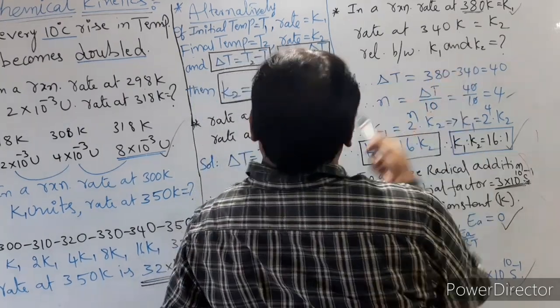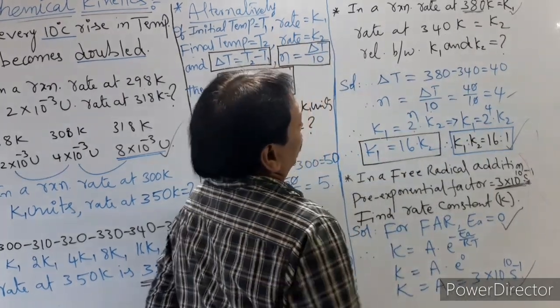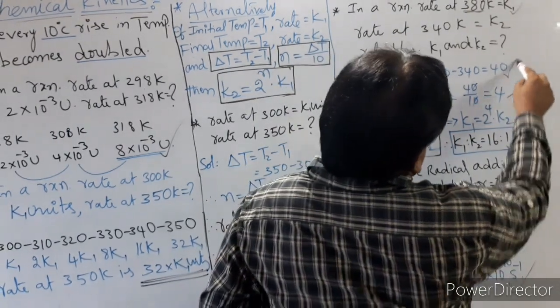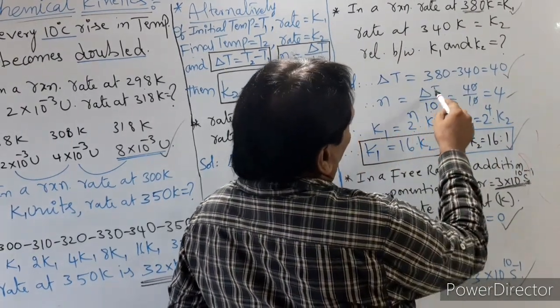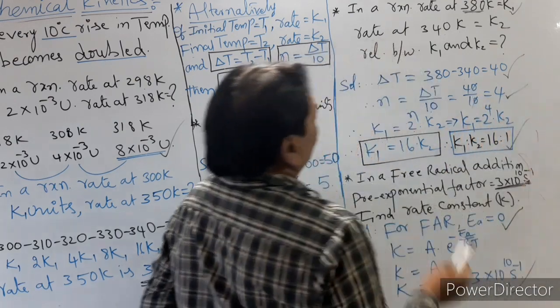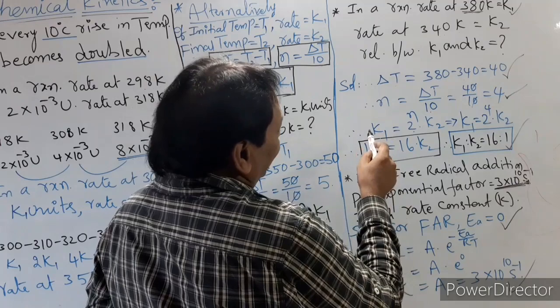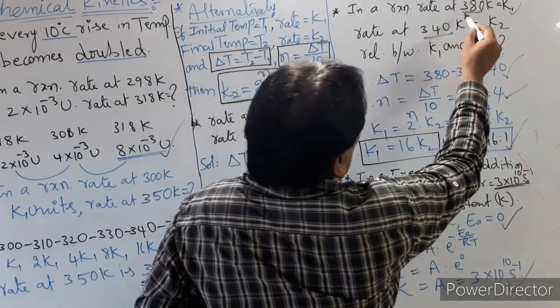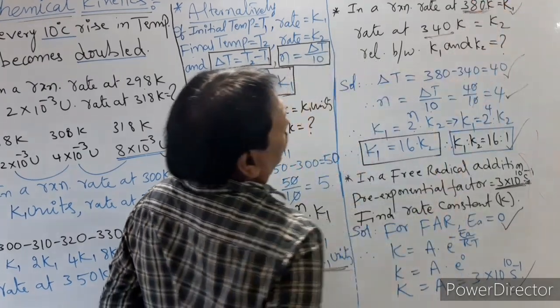Here, the same formula is applicable. Delta T equal to 380 minus 340 is equal to 40. n equal to delta T by 10 equal to 40 by 10 equal to 4. Here 340 is the initial temperature and 380 is the final temperature.